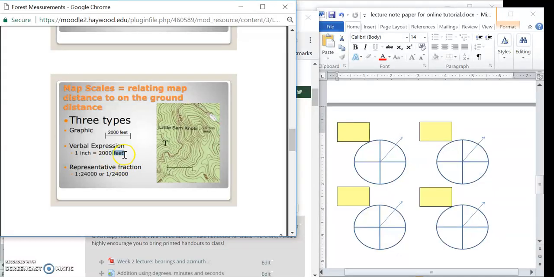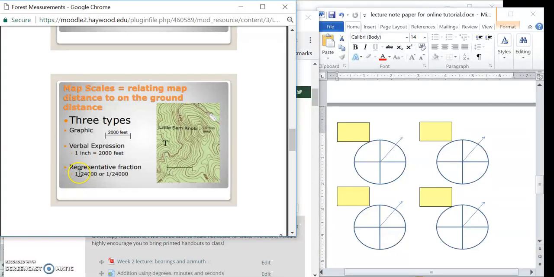So 1 inch equals 2,000 feet. Every time I measure an inch on the map, that represents 2,000 feet. And then the third example, very commonly used, is the representative fraction. It's either written as a ratio or as a true fraction. Either one of those ways of writing it is correct.